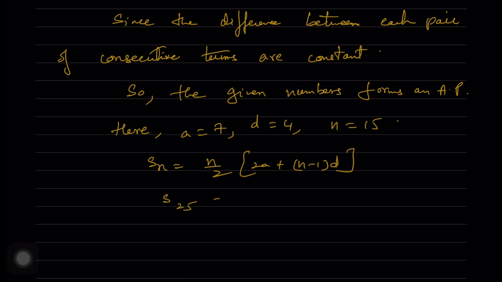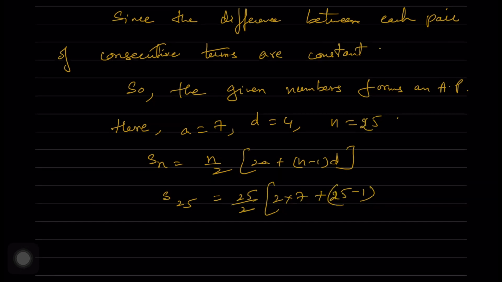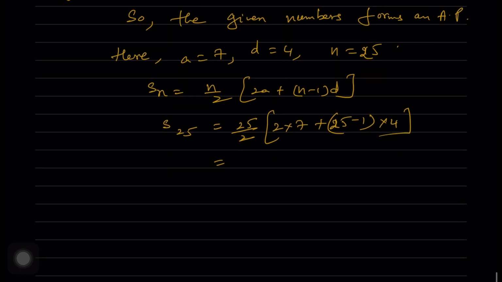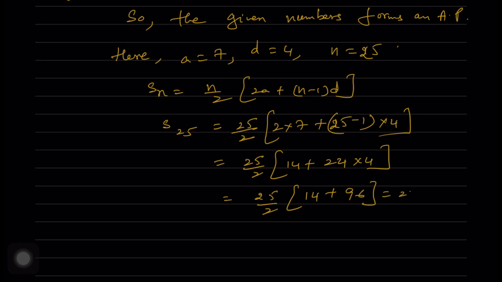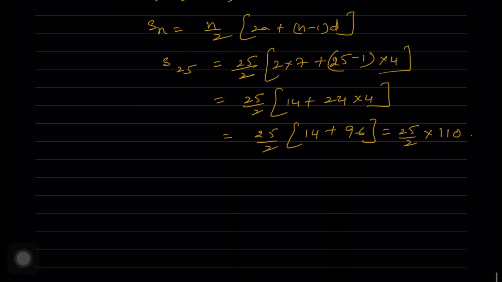Therefore we have S25, the sum of the first 25 terms, which is equal to 25 by 2 into 2 times 7, that is 14, plus 25 minus 1 into 4, which is equal to 25 by 2 into 14 plus 24 into 4, which is equal to 25 by 2 into 14 plus 96, which is equal to 25 by 2 into 110.